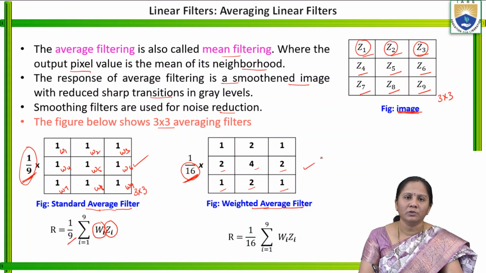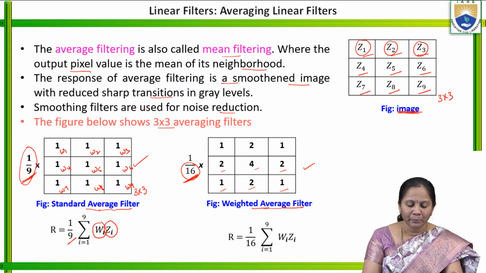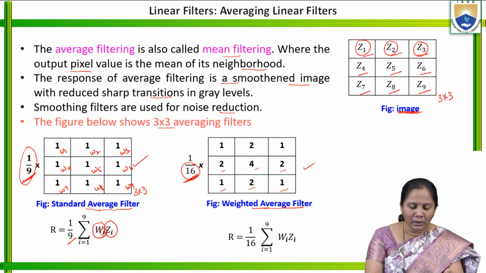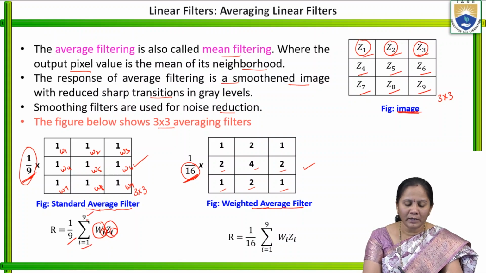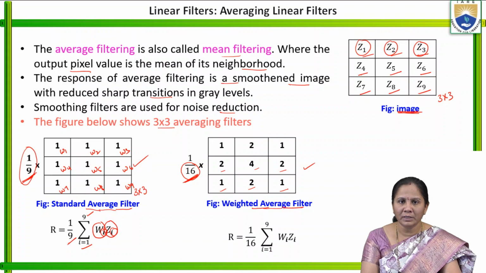Similarly here also W1 to W9 represent the weights. The index i ranges from 1 to 9 because the number of pixels or coefficients in the filter is 9.